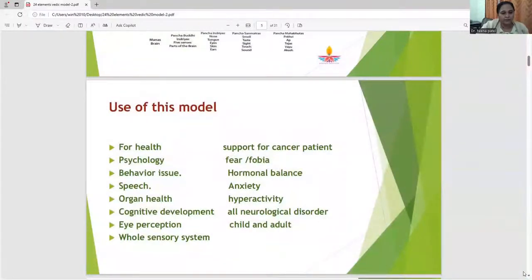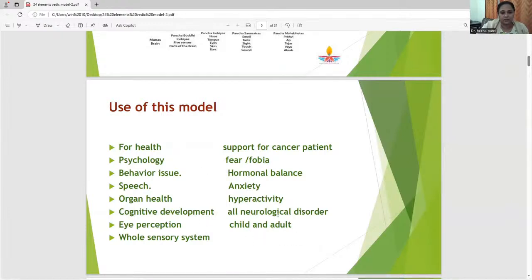We can use this model for health purposes, psychological issues, behavioral issues, speech issues, organ health, cognitive development, eye perception, the whole sensory system, support for the cancer patient, fear, phobias, hormonal balance, anxiety, hyperactivity, all neurological disorders in children and adults, and one I have not added, but in case of unknown pain, pain in cancers, anxiety, a child who is not sleeping, hyper aroused, it's very difficult for them to sleep.